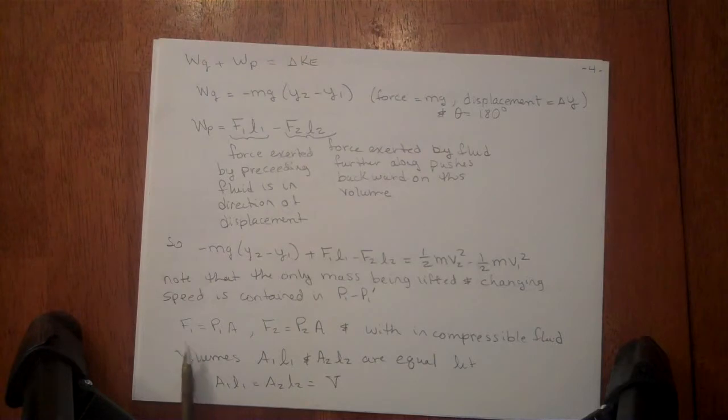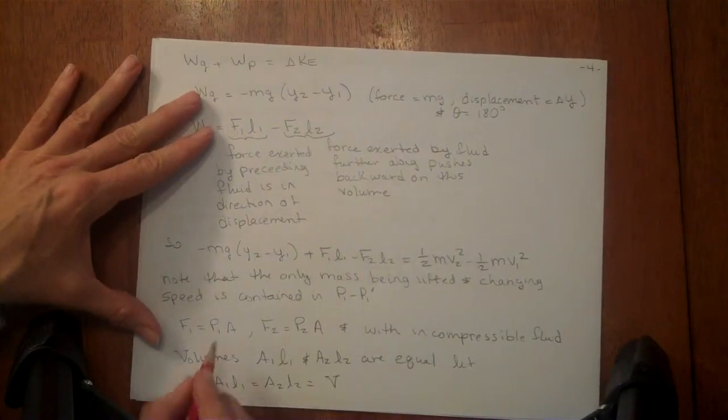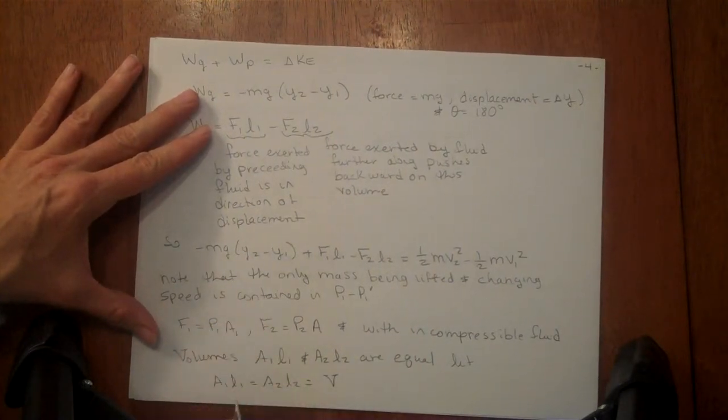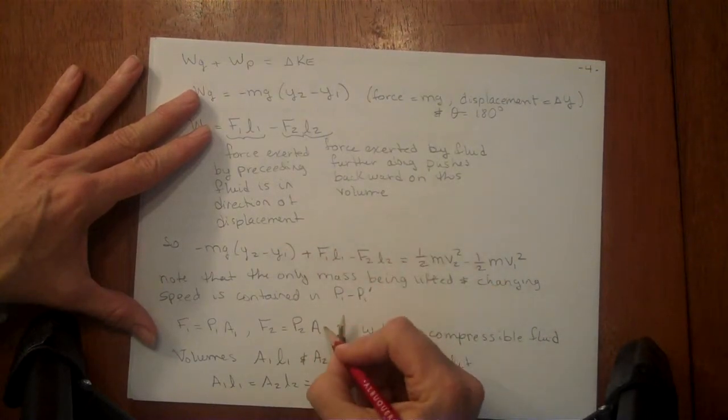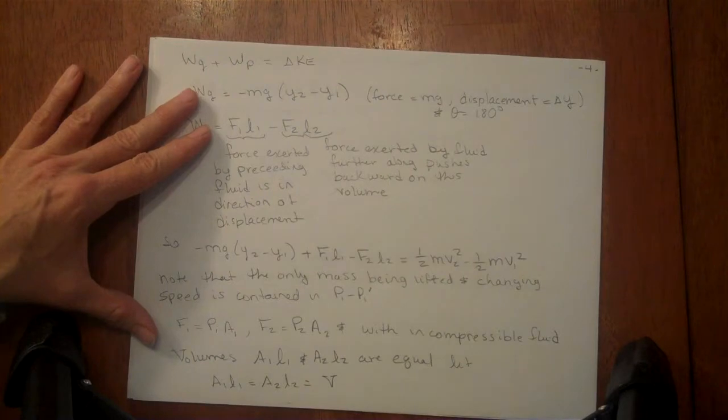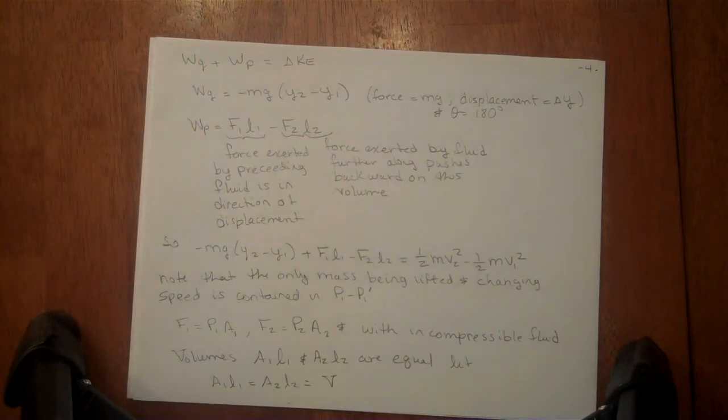So we can re-express the force in terms of pressure and area. So F1 is equal to P1A1 and F2 is equal to P2A2. Let me put the 1 and the 2 on here because it looks like I omitted that, so that we're sure to keep up on all the stuff. There we go. Okay, so the volumes A1L1 and A2L2 are equal.